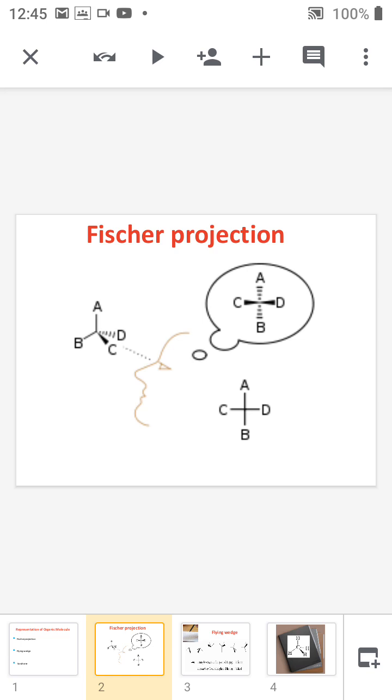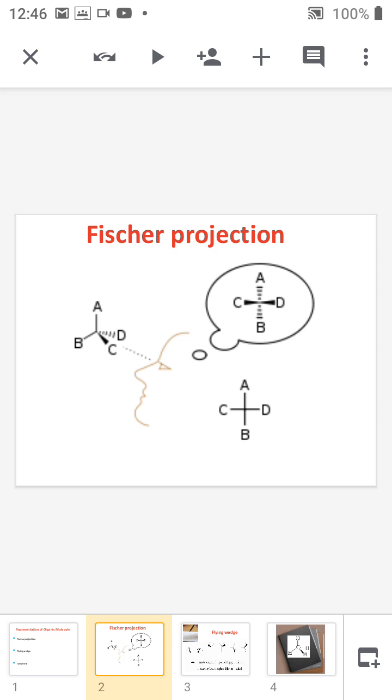So these two atoms, C and D, are represented by a horizontal line, and atom C is on our left hand side. That's why we represent atom C on the left hand side of the horizontal line, and atom D on the right hand side of the horizontal line.